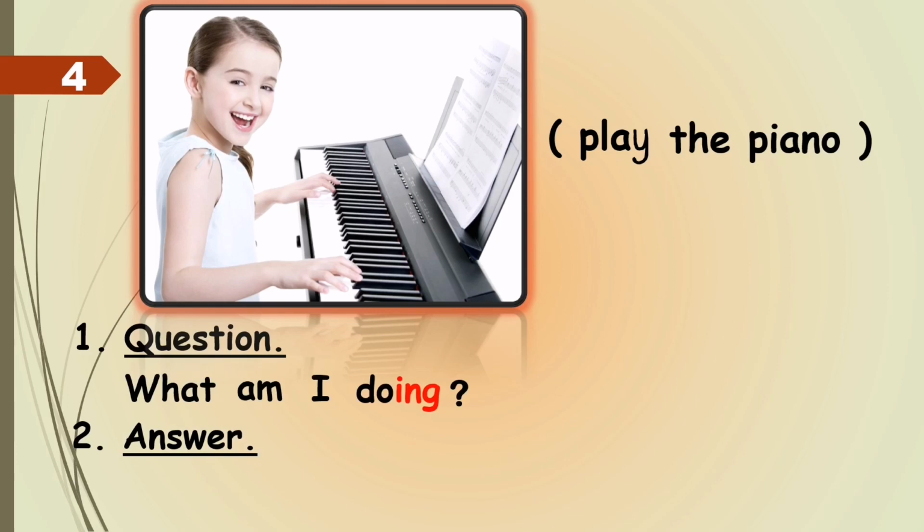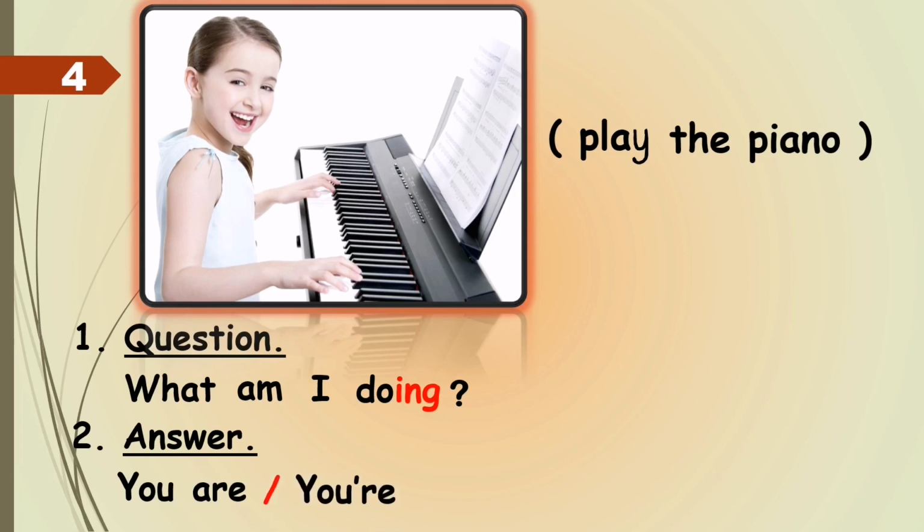Now, the answer. Begin your answer with the correct subject. Look at the question. Which one is the subject? Yes, I is the subject. Can we use I to answer the question? No, right? Instead, we need to use you. And the verb to be for you is are. You are or in contraction form, you're.